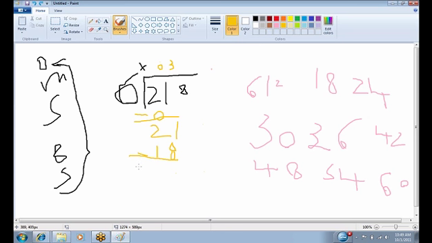You have to write what 21 minus 18 is. 3. Good job. Now bring down your 8. Remember, after you subtract, you got to bring down your 8. So go make an arrow, a long arrow. Yep. Good. Pull it down.